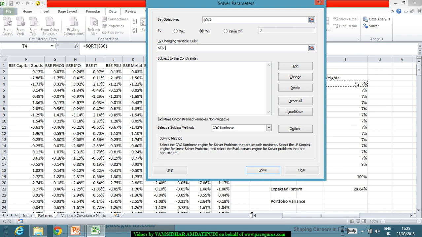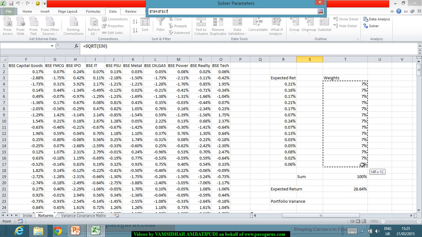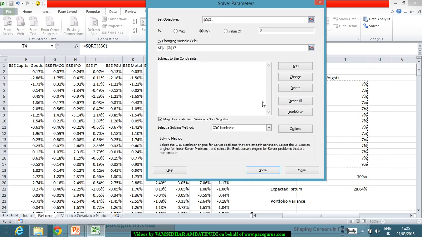Actually this is entirely happening through the Lagrangian functions, but because we are using the tool, Solver can generate this output for us quite comfortably without setting up the matrix equations and all that stuff. So I'm changing these variables.